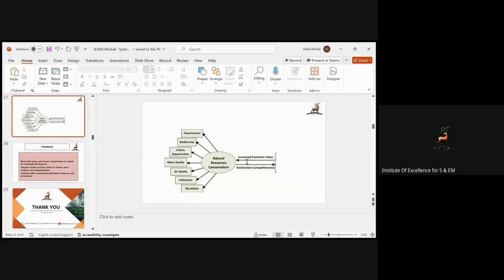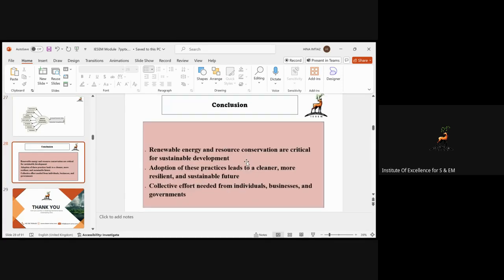So this is the end of the lecture, and I conclude that renewable energy and resource conservation are critical for sustainable development. We have to adopt practices which lead to cleaner technology, which is more resilient and sustainable for the future.